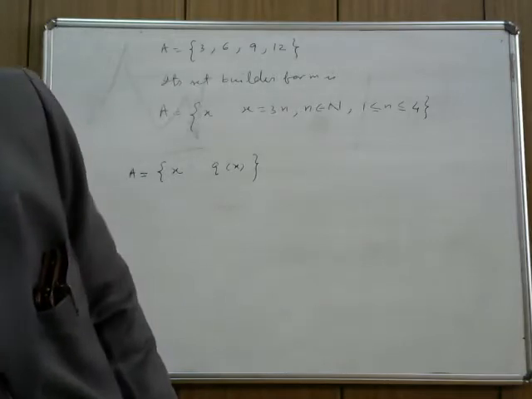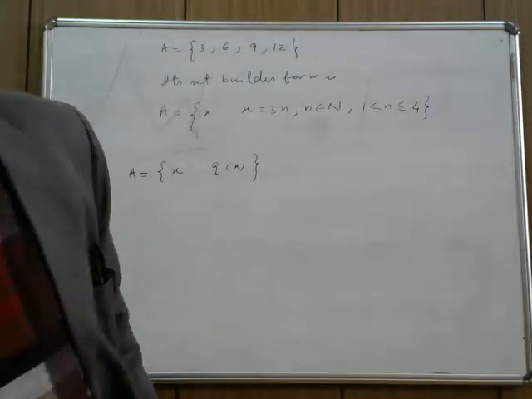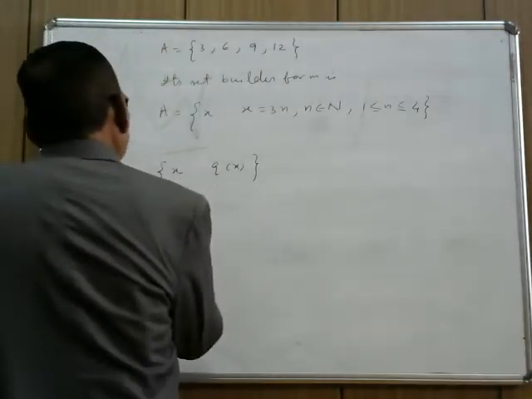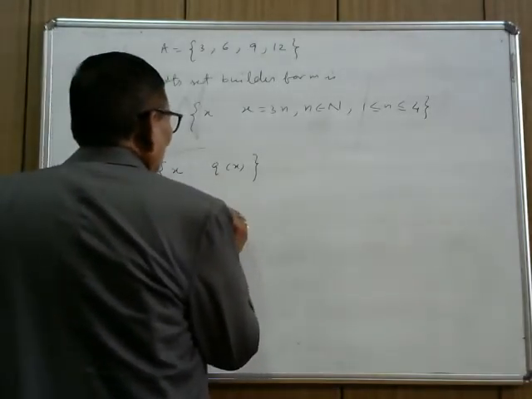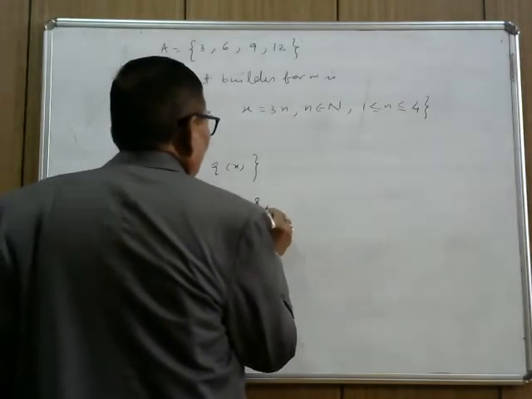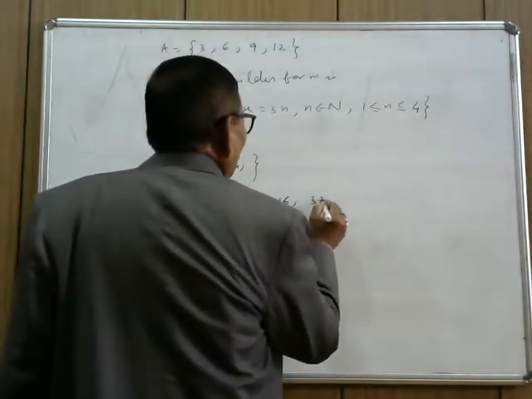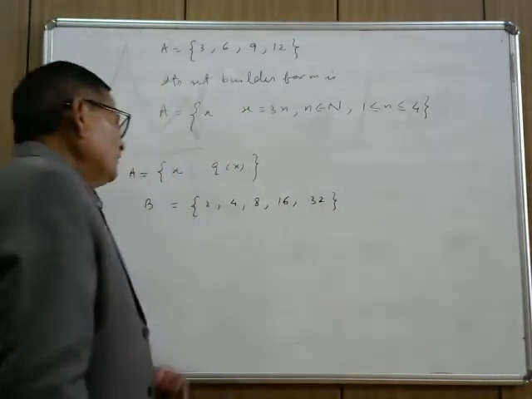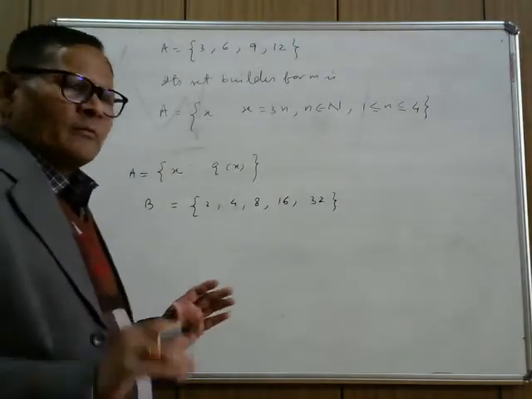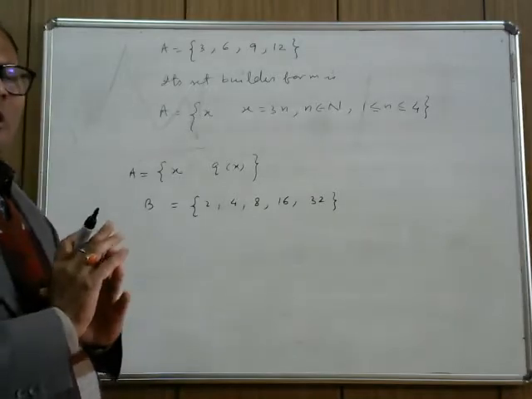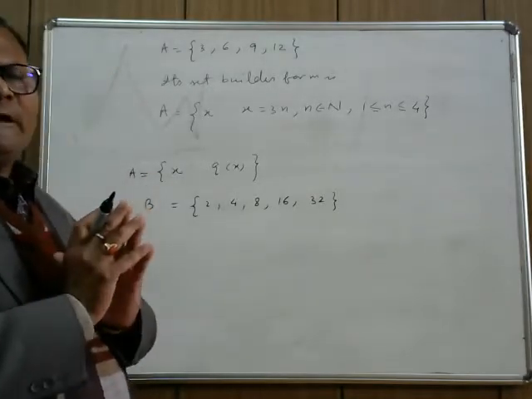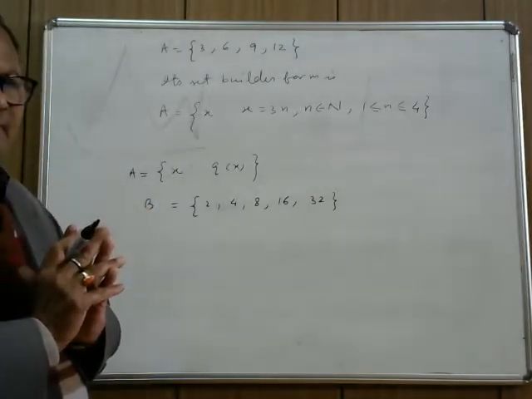Now, the second example. I am taking another example. Set B equals {2, 4, 8, 16, 32}. While doing all these things, you have to observe the pattern of the elements of the given set.